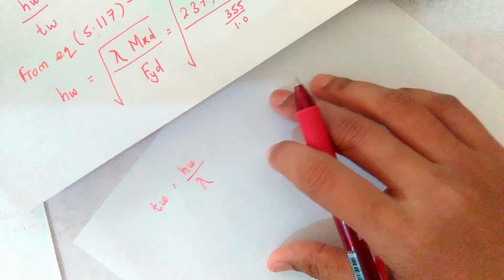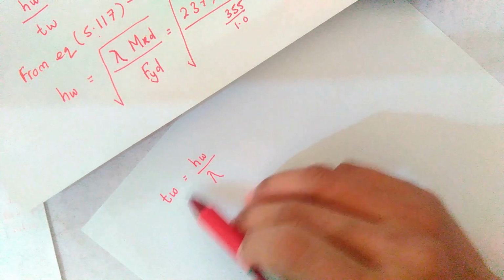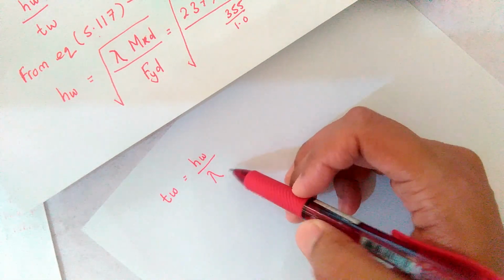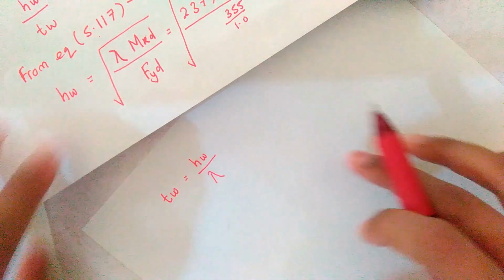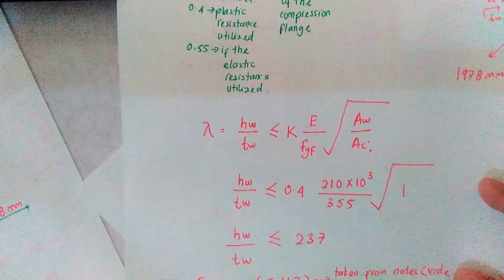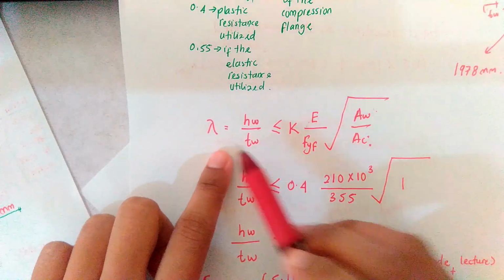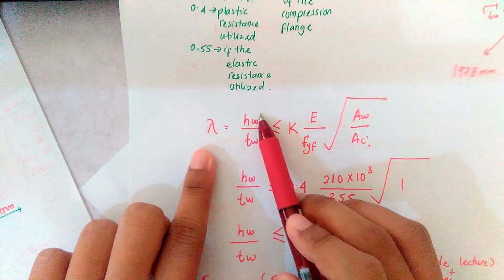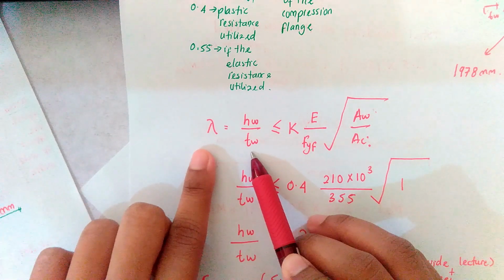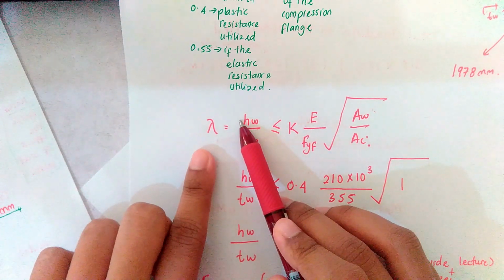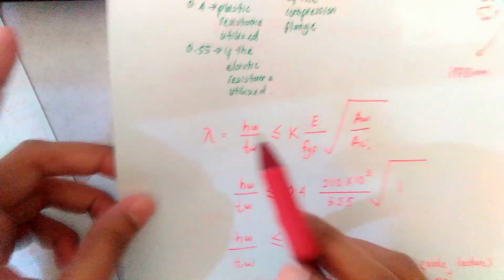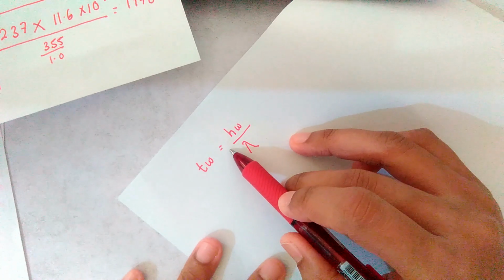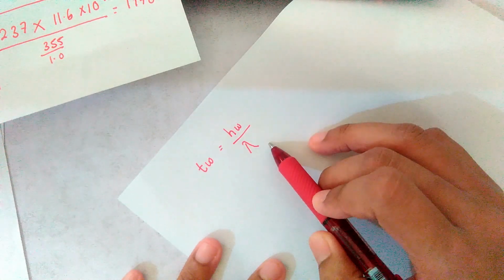The thickness of the web is equivalent to HW over lambda. Where did we get this equation from? If you still remember, lambda is equivalent to HW over TW. Now we already have HW, so we want to find TW. So you rearrange the equation, and finally you get TW equivalent to HW over lambda.